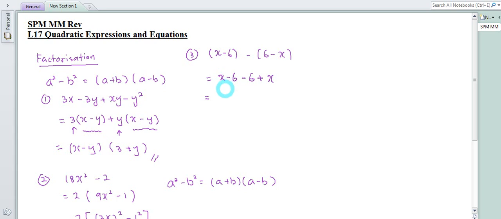Okay, then only I try to simplify x plus 2 plus x, you get 2x. Negative 6, you get negative 12. Okay, here I can bring the 2 go out. X minus 6. Okay, so this is the final answer.